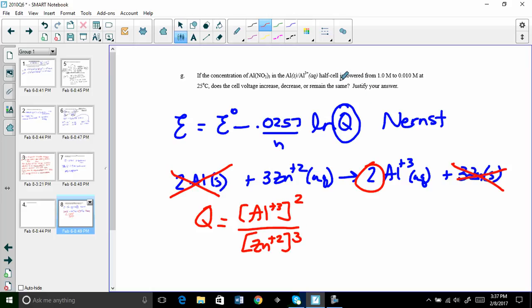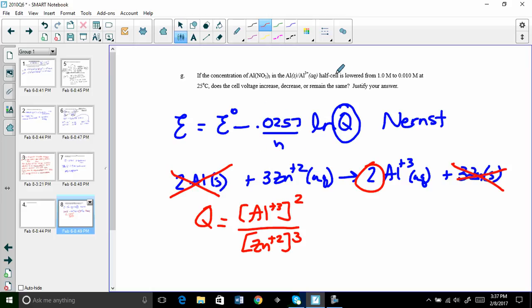And notice, here's why 1 doesn't matter: let's say this is 1 molar. 1 squared is 1, 1 cubed is 1. The ln of 1 is 0. And if all of the concentrations are 1 molar, this whole term drops out.